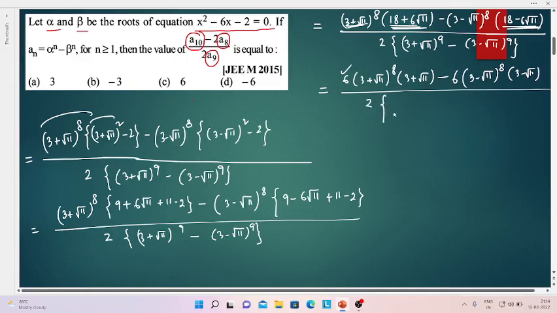And the denominator part will be 2 times (3 plus root 11) to the power 9 minus (3 minus root 11) to the power 9, right?